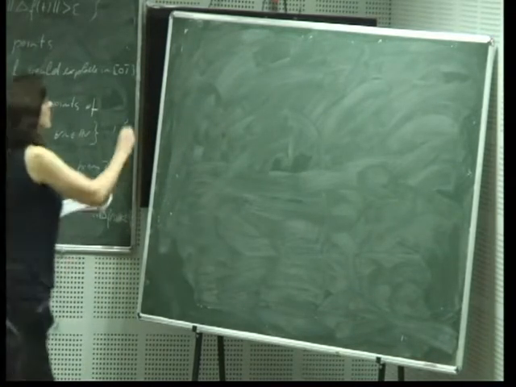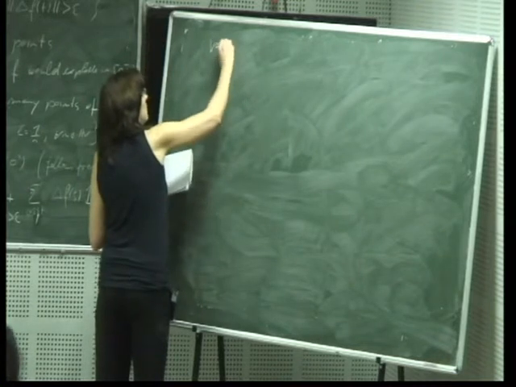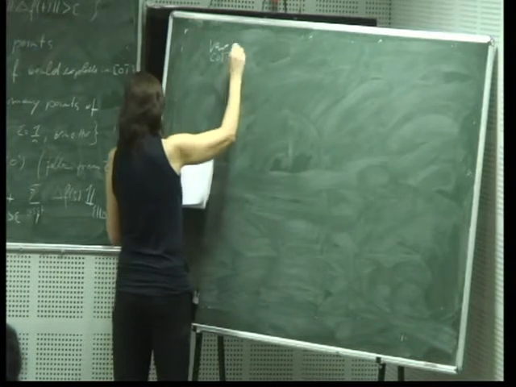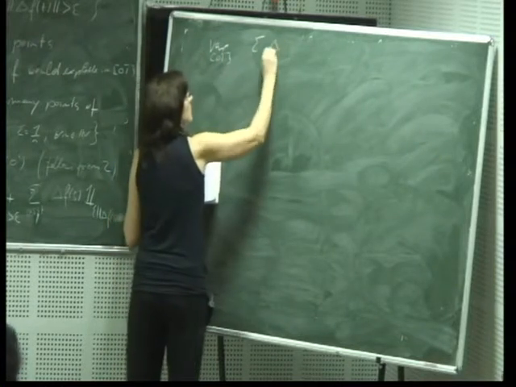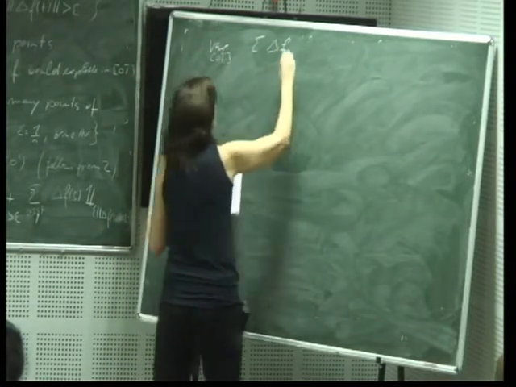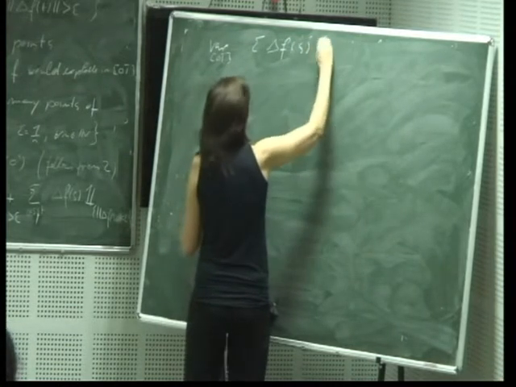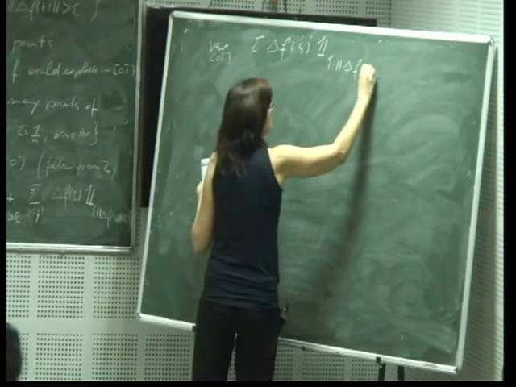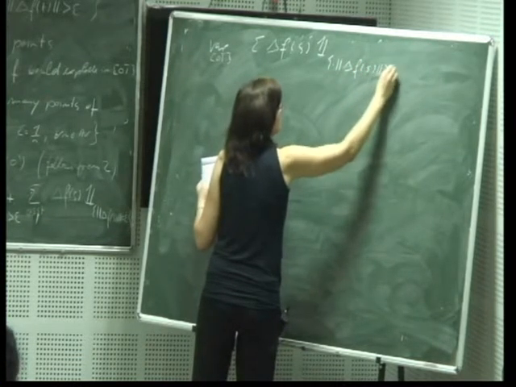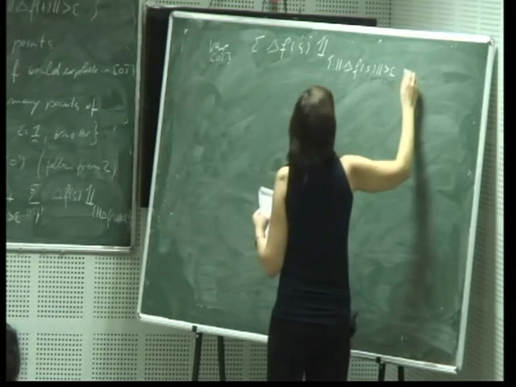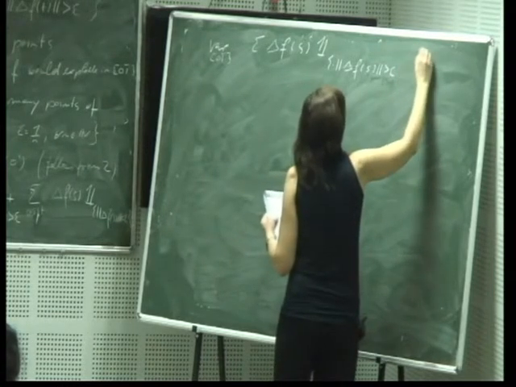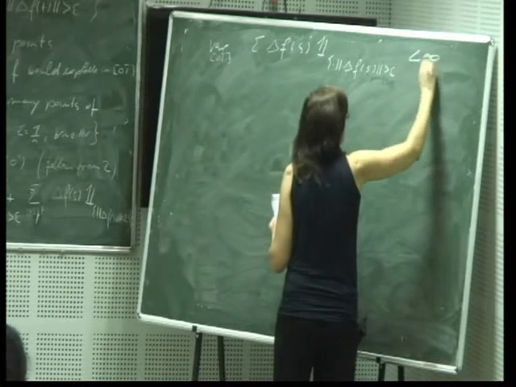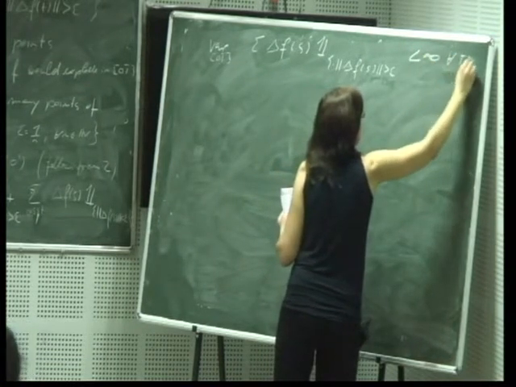So the variation of the part with big jumps in any interval [0,t] is always finite, yes, finite for all t bigger than 0.